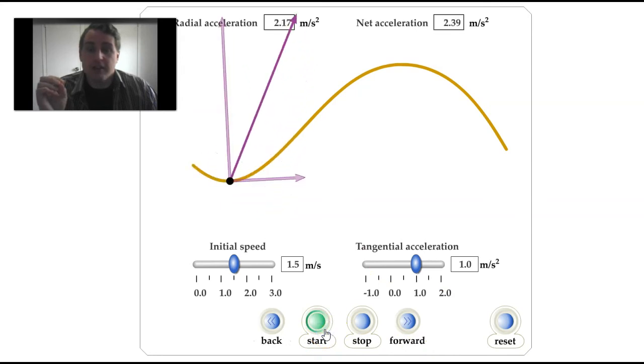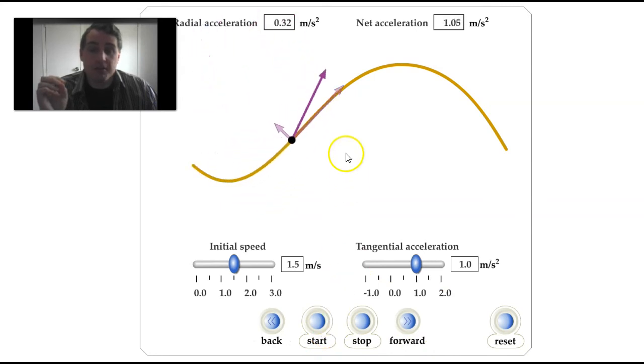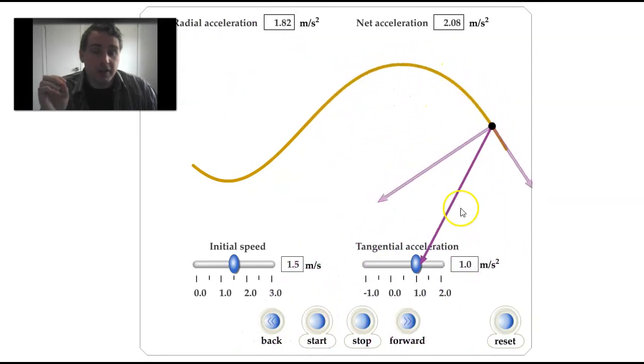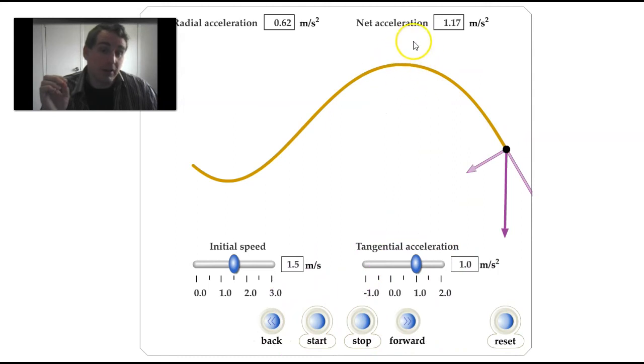So look at that. The centripetal acceleration is larger than it was before. The tangential acceleration is causing the thing to move faster, and the centripetal acceleration was quite a bit larger here than it was.